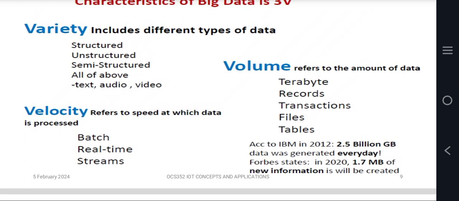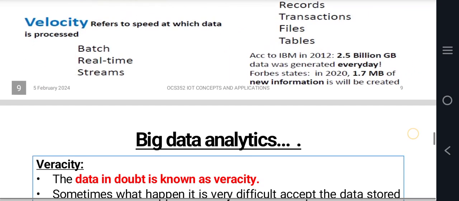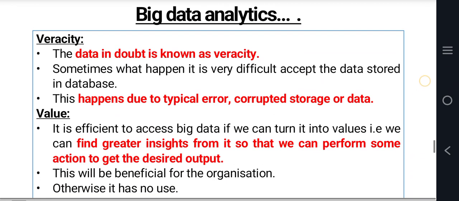The third V is velocity, which refers to the speed at which data is processed. The data processing can be done by means of batch process, or the data can be in real-time nature, or it can be in streams. The fourth V is veracity.